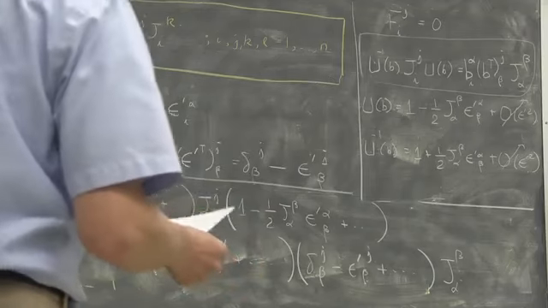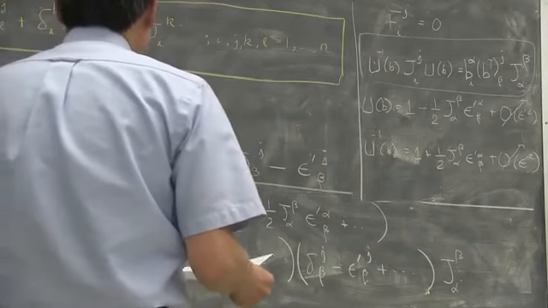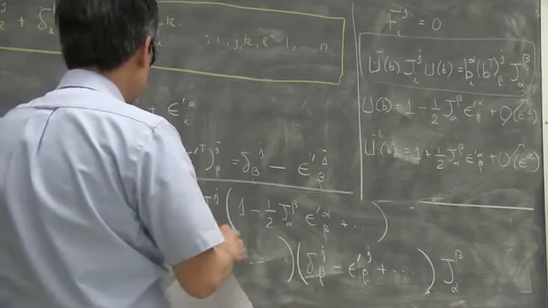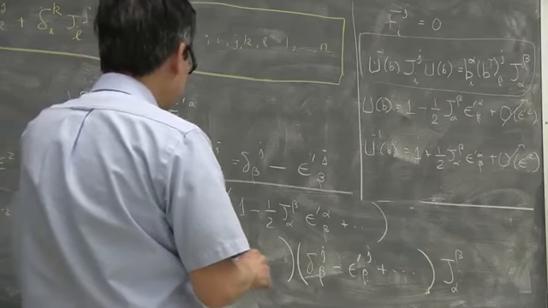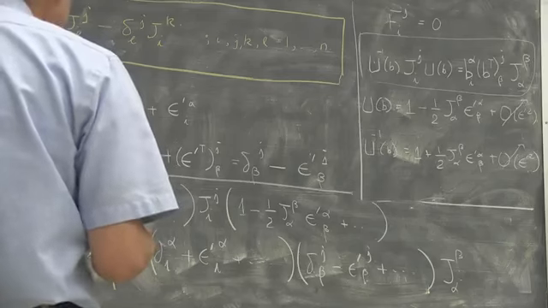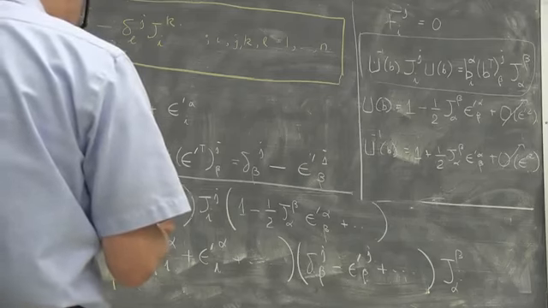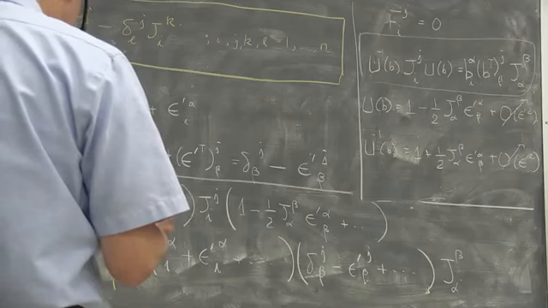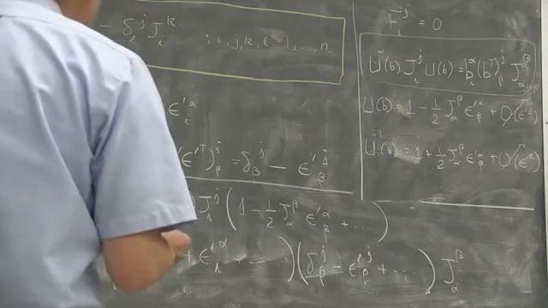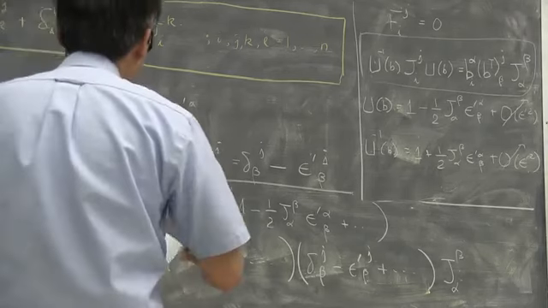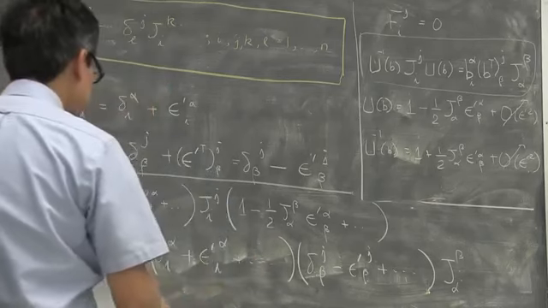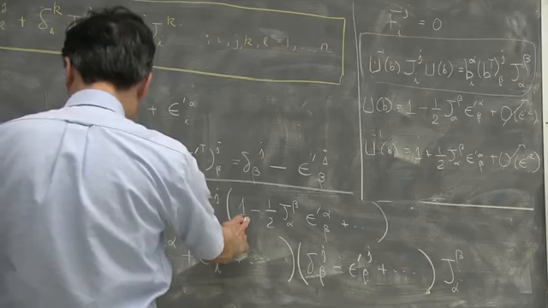Now, here's an interesting thing. On the left-hand side, let's multiply 1 times 1, so times this.